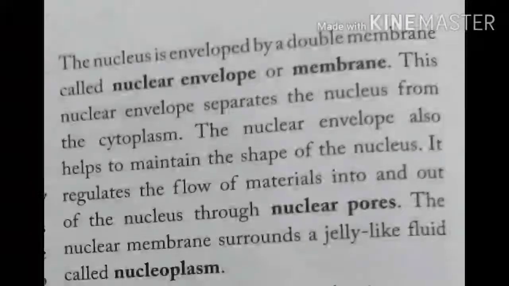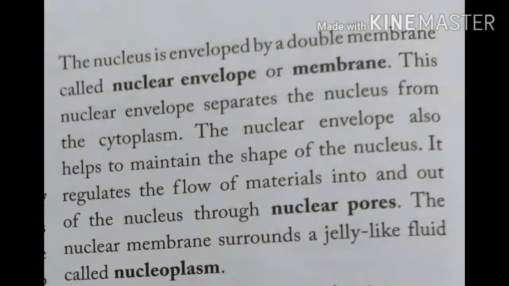The nuclear membrane surrounds a jelly-like fluid called nucleoplasm. So the nucleus is the center, and it is surrounded by a nuclear envelope or nuclear membrane, and nuclear pores are there, nucleolus is there, and genes and chromosomes are also there.